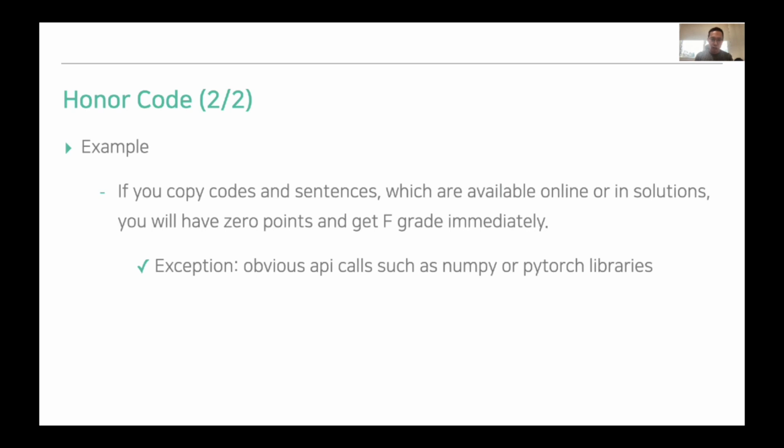So I don't count this as copying. But when you copy the order of the API calls, or how to deal with the variables, something like that, that is different. When it is obvious, I don't mind.